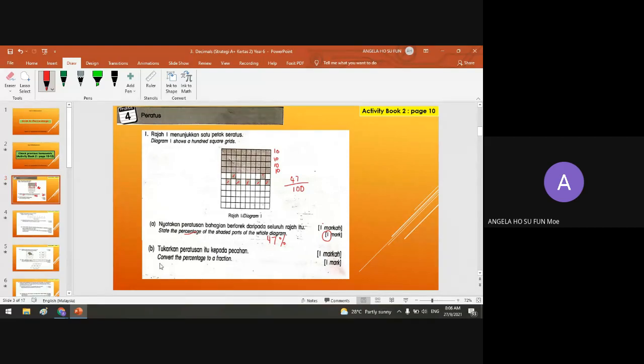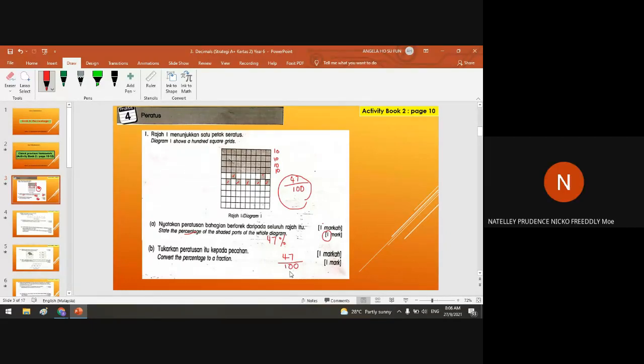Now, B: convert the percentage into a fraction. It's already in fractions. You see what the teacher did in this one? So it is 47 per 100. Can it be simplified? 47 over 100, anybody there? Any student can respond. Can 47 over 100 be simplified again?